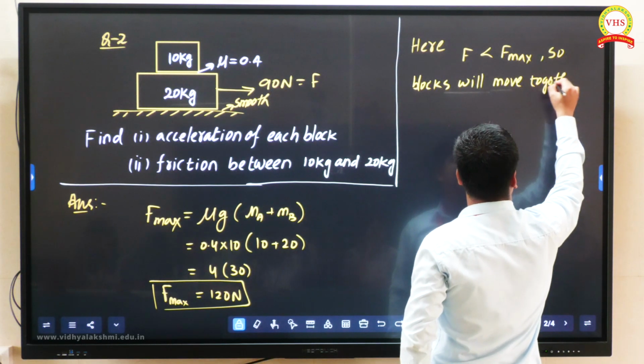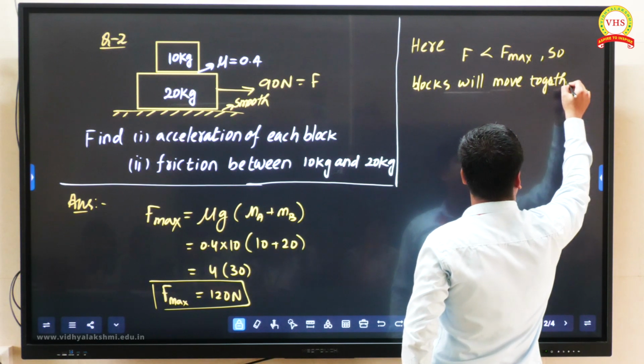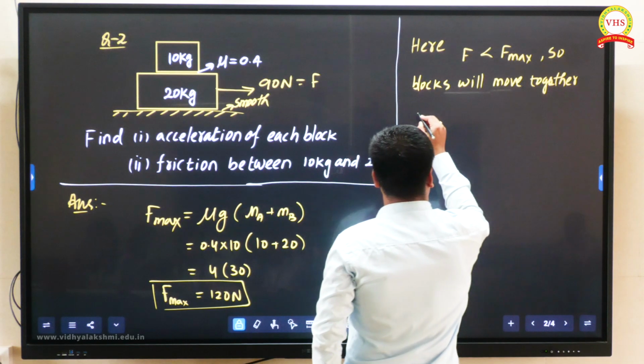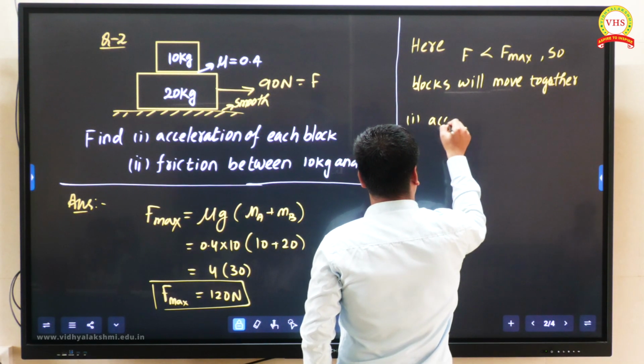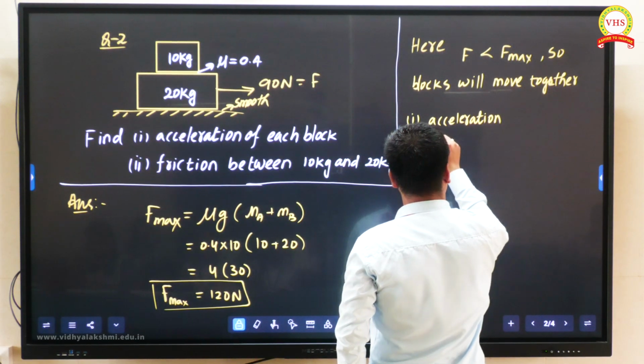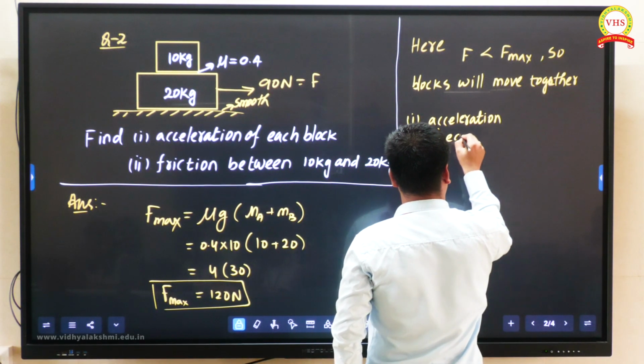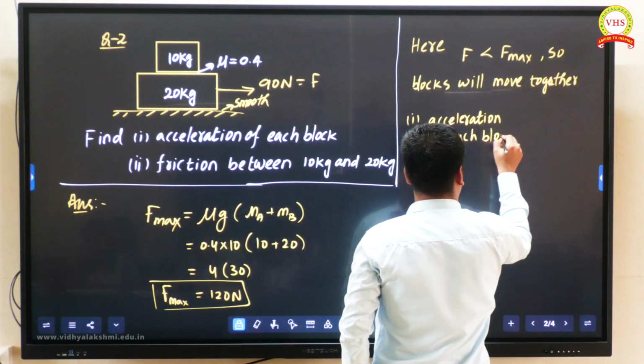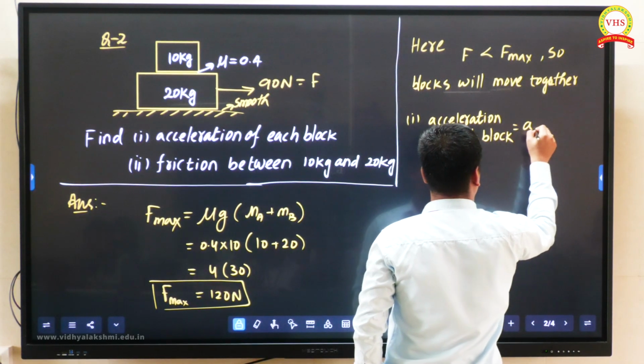Separately they will not move. Blocks are moving together, so what is the acceleration of each block? That is your common acceleration.